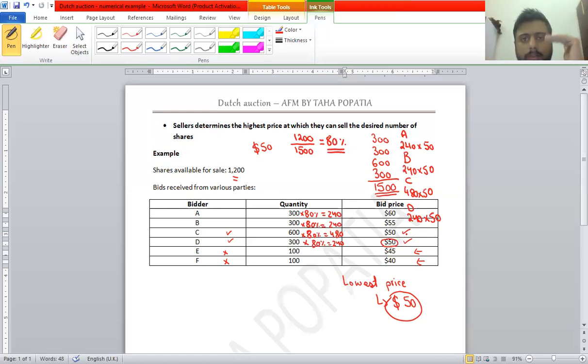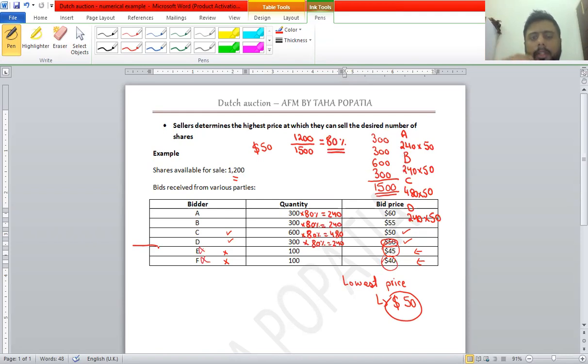Then you come down in sequence calculating the price at which all your shares will be subscribed. We know that we don't need to go to E and F at all because they are paying very little, 45 and 40. We know that at $50, all our 100% shares will be subscribed.